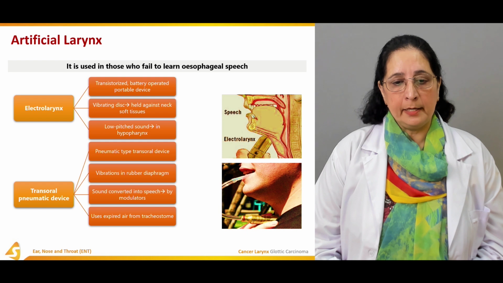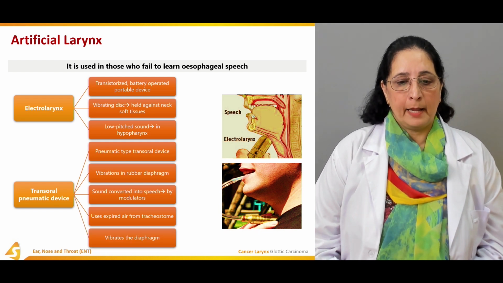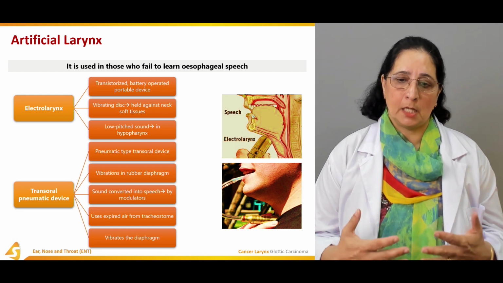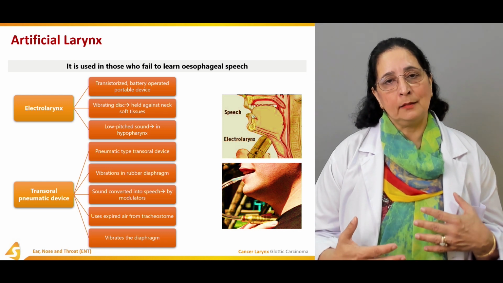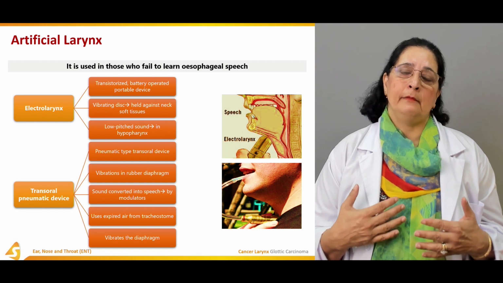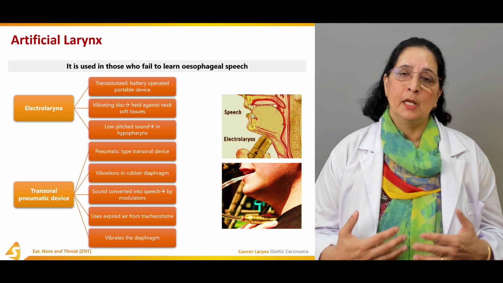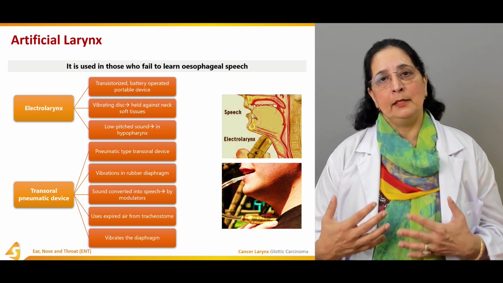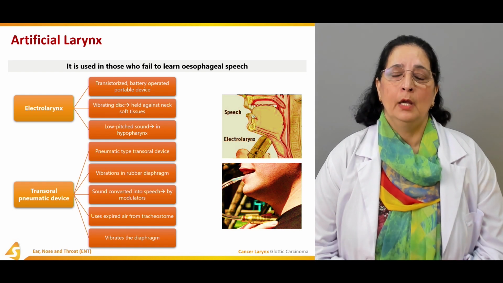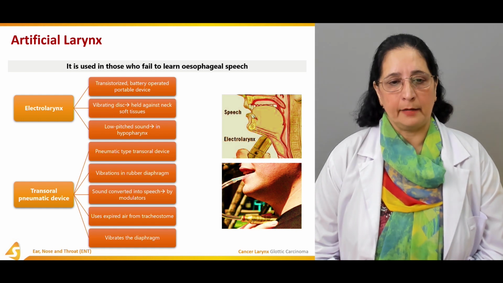It uses expired air from the tracheostome and vibrates the diaphragm, which helps in producing the sound. So these are a few methods in which we can rehabilitate the person so they can express themselves and speak some words, even though it is not like the actual voice, but they still help the person to live a little less miserable life.